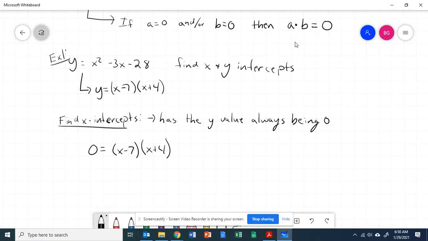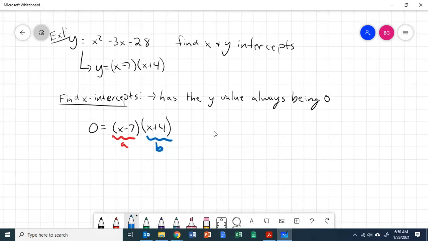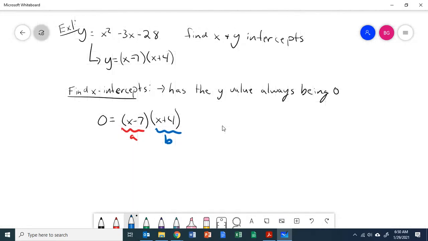We could imagine this x minus 7 is our a, and the x plus 4 is our b. We just need one of those to be 0 for this to work. And then we can find the x-intercept. Because it's already equal to 0, the y value is 0, we could solve that and we could get it. So let's go ahead and do that. Let's break it up.